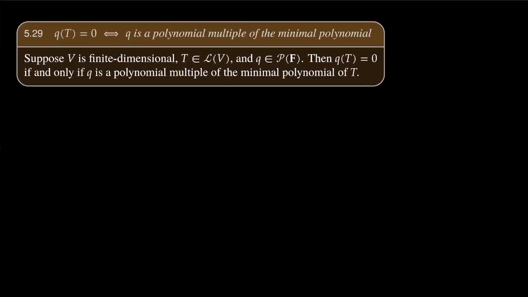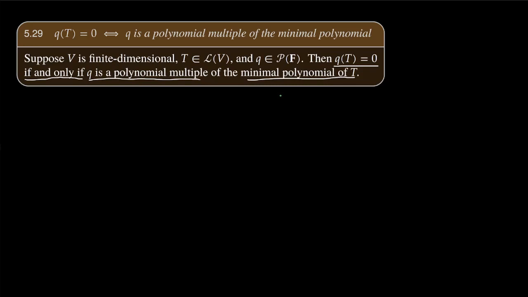We'll suppose that V is finite dimensional, T is an operator on V, and q is a polynomial over the underlying field. Then what we're going to claim is that q of T is the zero operator if and only if q is a polynomial multiple of the minimal polynomial of T. Okay, this feels reasonable.